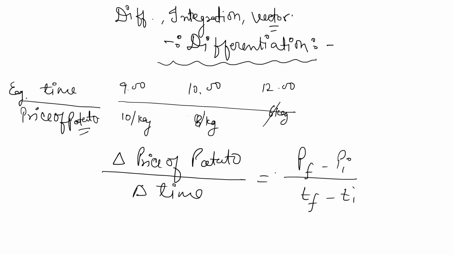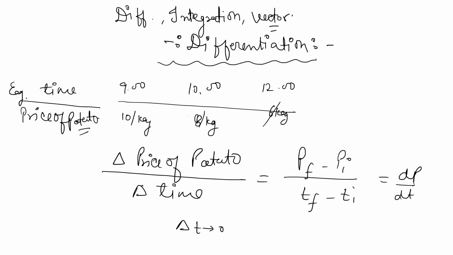When we put a limit on this mathematical equation, when delta t tends to 0, when we take the interval so small, we can say delta p by delta t becomes dp by dt.